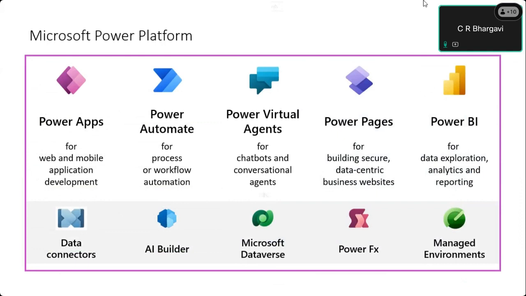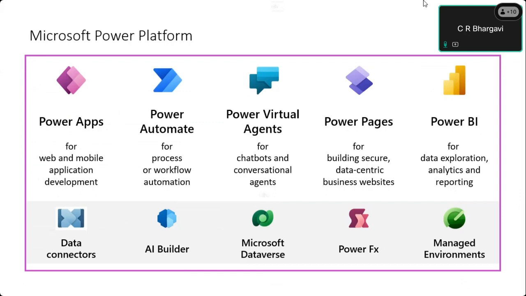Power Apps is used for web and mobile development, and Power Automate is used for developing workflow automation. Power Virtual Agent has now been renamed Copilot Studio, and is used for building chatbots and conversational agents.